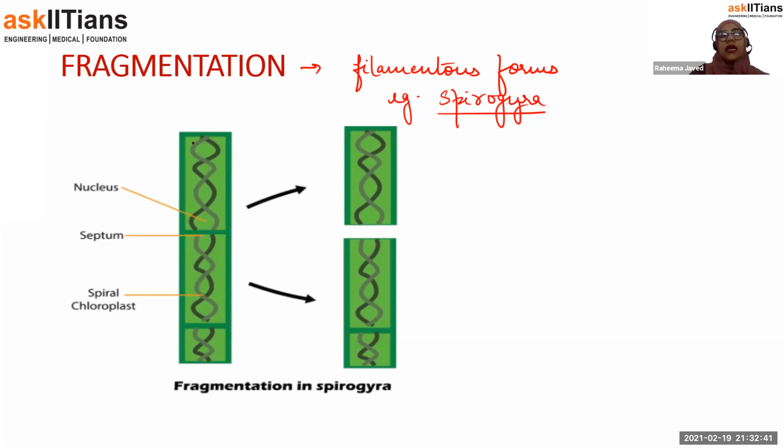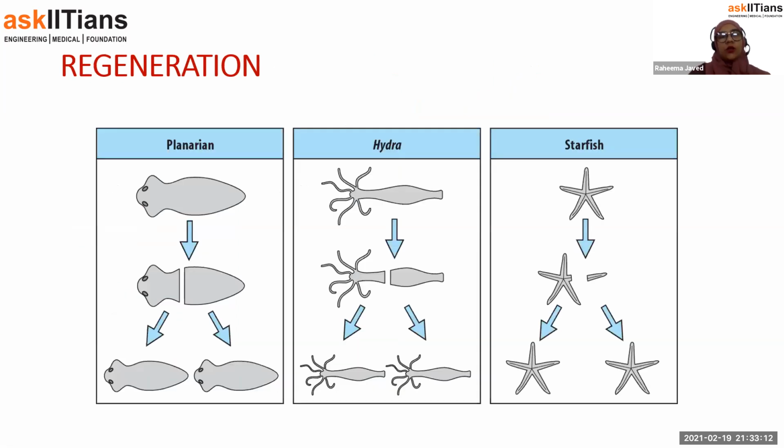Spirogyra has filaments like these, and tiny little septum can develop in the filament of the Spirogyra, which divides it into two, and this process is known as fragmentation. These fragments then can develop into new individuals. Very simple process it is, but you have to remember that it is very common only in the filamentous forms. Let's move on to the next process, which is quite interesting.